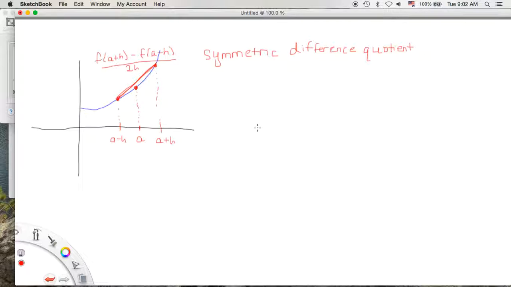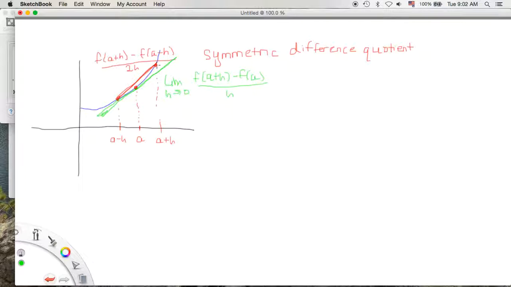Now, why in the world is this even important? We know how to calculate a derivative, which is the slope of the tangent line here. The slope of this tangent line is the limit as h goes to 0 of f at a plus h minus f at a, all over h.